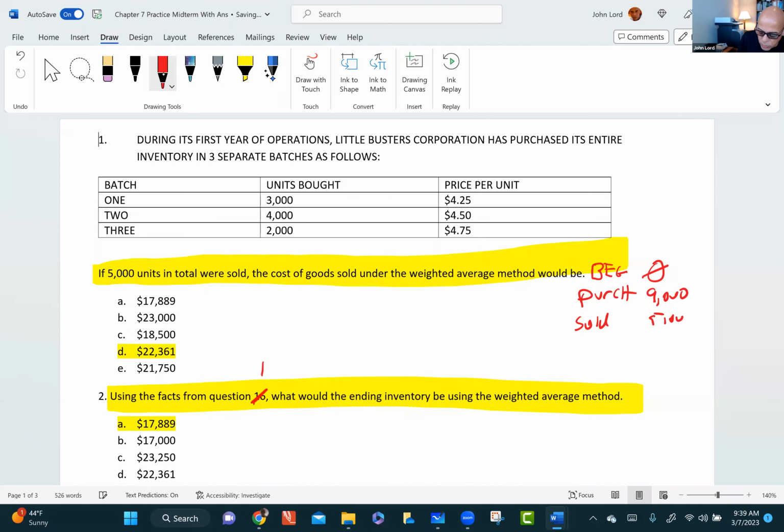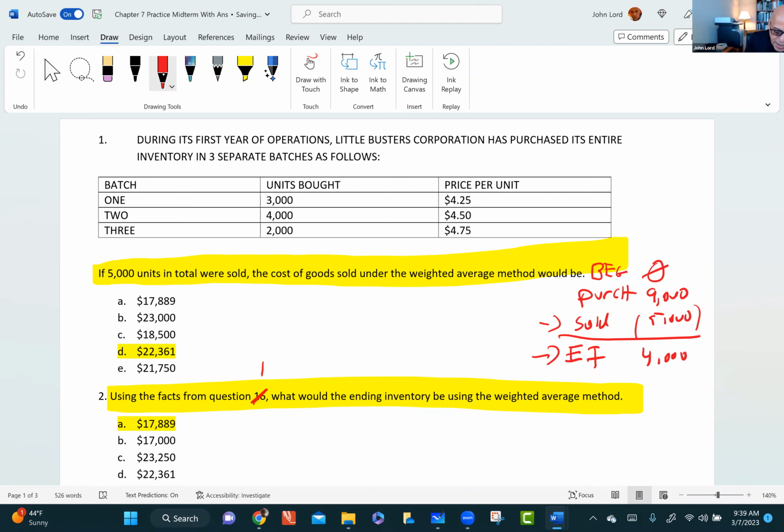Good. So we must have in our ending inventory 4,000 units. These are going to be particularly important numbers because under the different methods we use them for the valuations of the ending inventory and the cost of goods sold. This is the item sold, so that's how we'll do cost of goods sold. This is the ending inventory, that's how we'll calculate ending inventory.